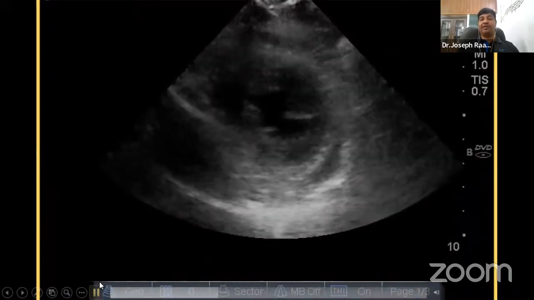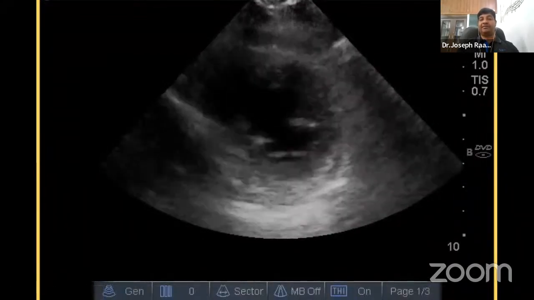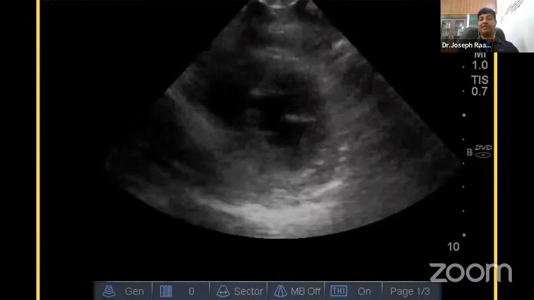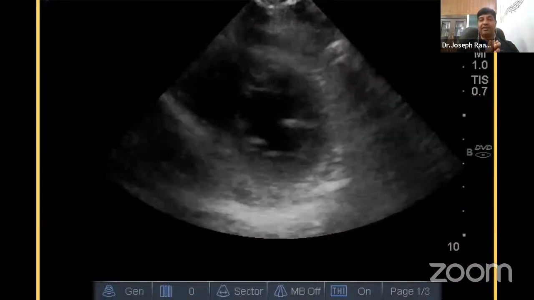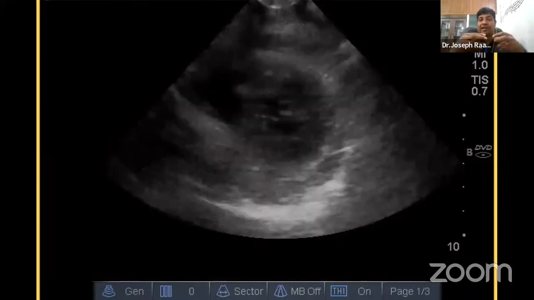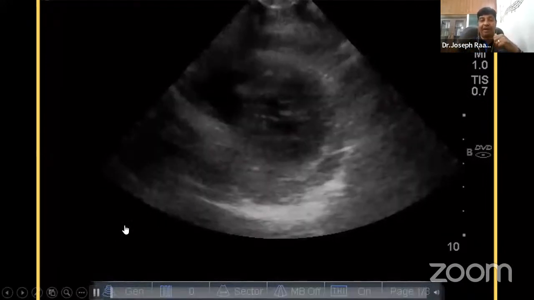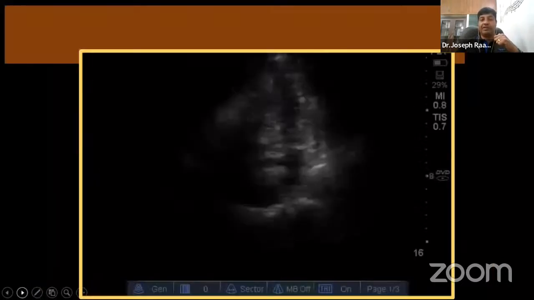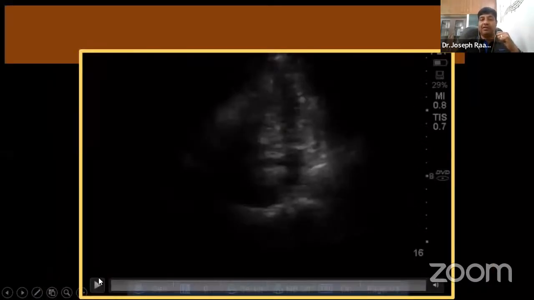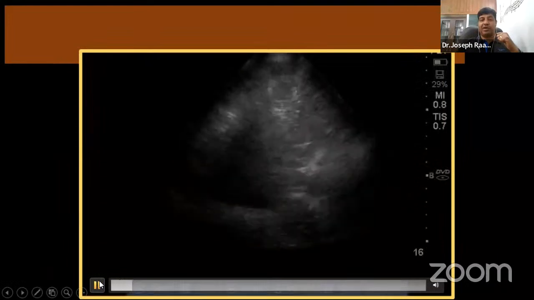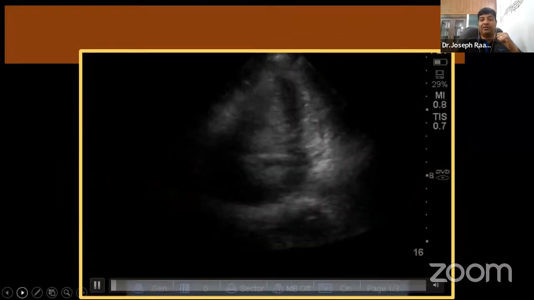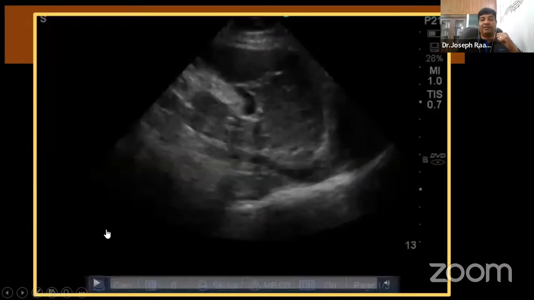It's called the kissing papillary sign. Because of the hypovolemia, the papillary muscles are coming and approximating each other. So this patient needs more and more fluid. Maybe with the next one, everyone will be able to find out.